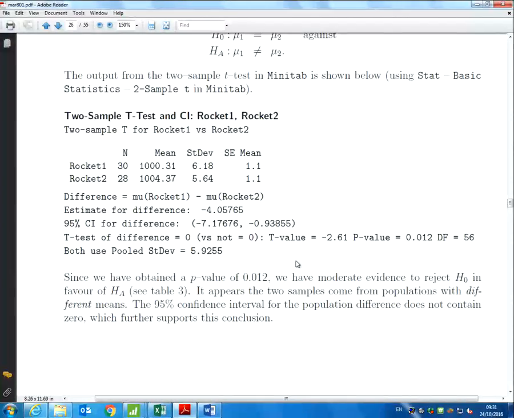And if Minitab gave you this output, what would you say? Which rocket engine gives you the largest thrusts? It's clearly rocket 2, yeah? Just by looking at the descriptive stats.